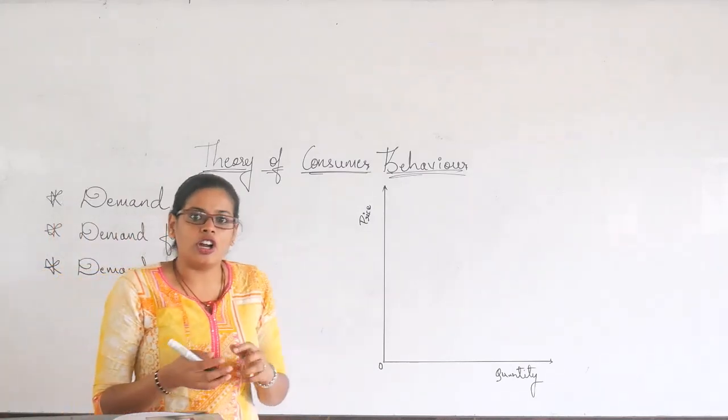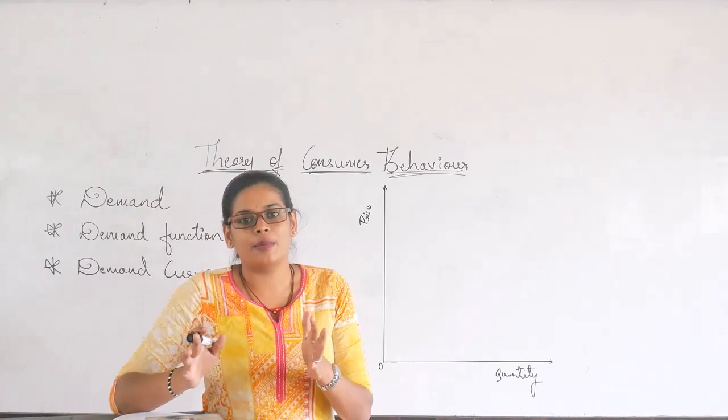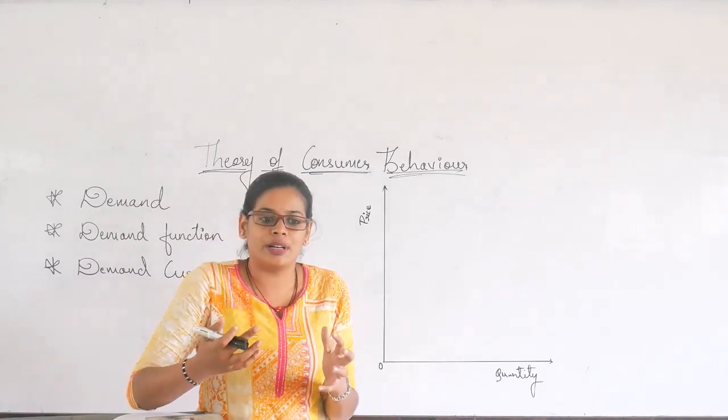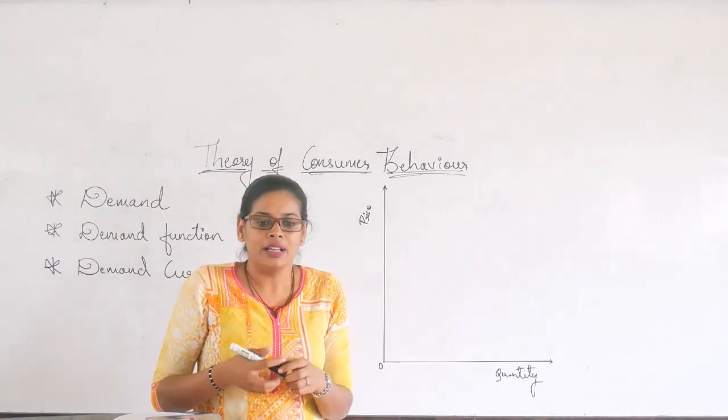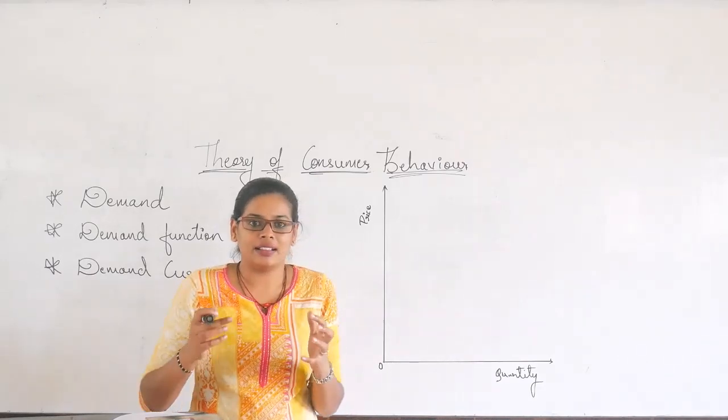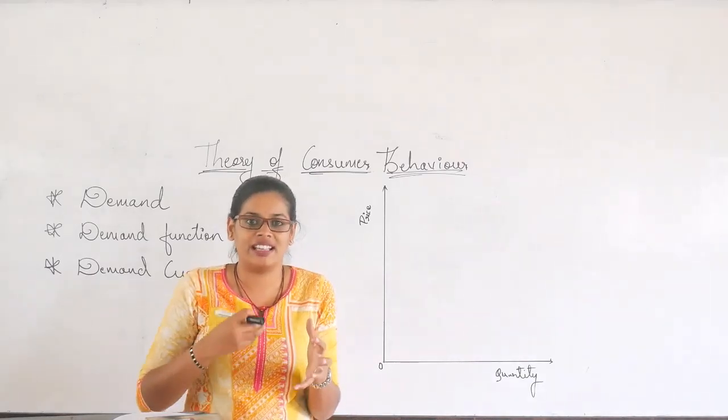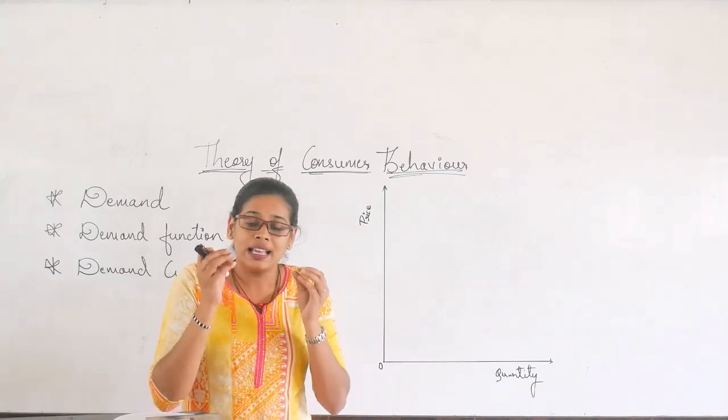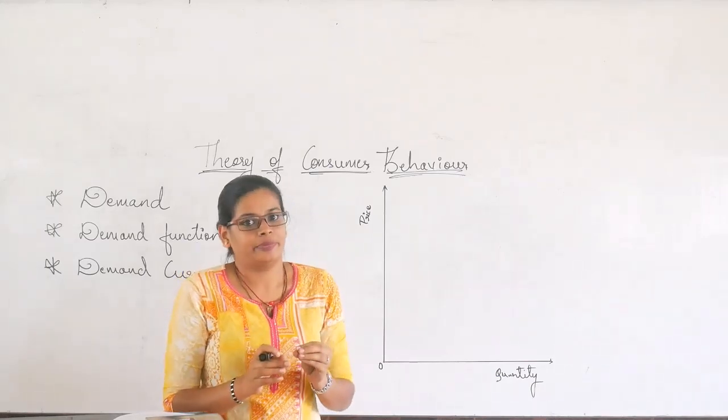When we talk about the quantity of a commodity a consumer is willing to buy, that doesn't mean that everything he is willing to buy should be in the budget set.